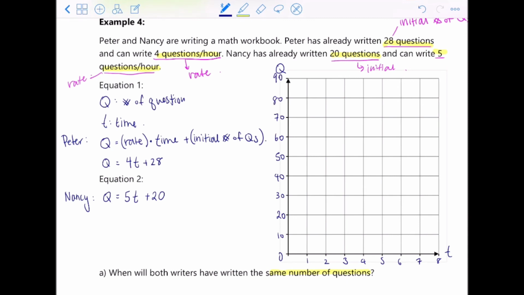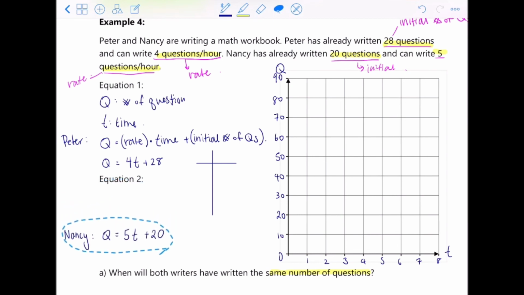All right, so let's start by making the table of values for Peter, because we don't have a nice number, because we have 28, so that's going to be kind of an in-between number every time we go up by 4. So let's do T and Q. Let's try 0, 4, and 6.